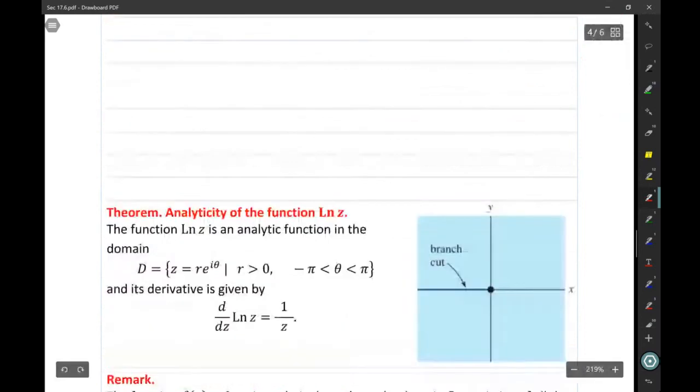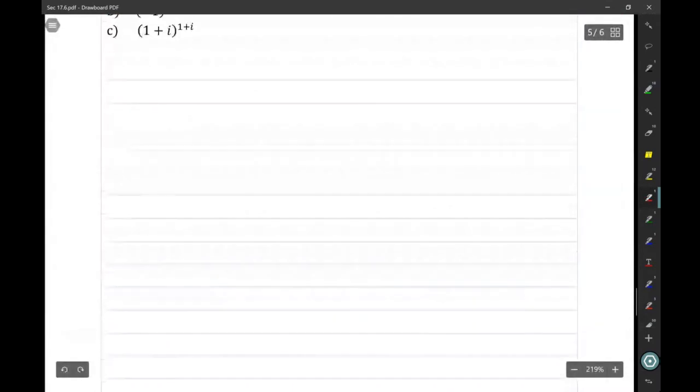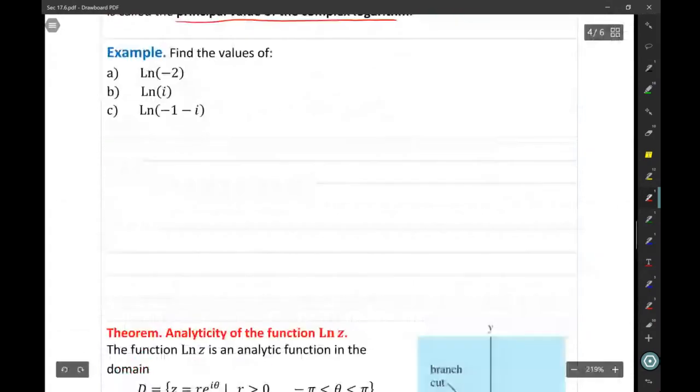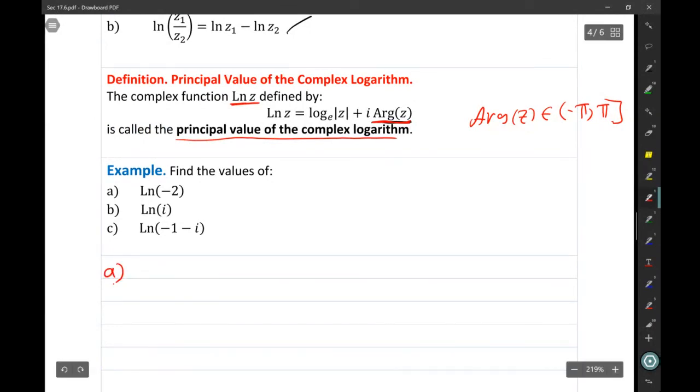Let's see some examples here. We'll nearly finish this section inshallah. We'll find the value of the principal logarithm of minus 2. The principal logarithm of minus 2 is equal to logarithm of absolute minus 2 with base e plus i times the principal argument of minus 2. Where is minus 2?